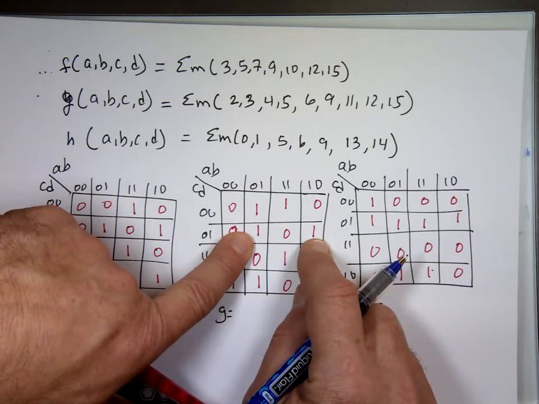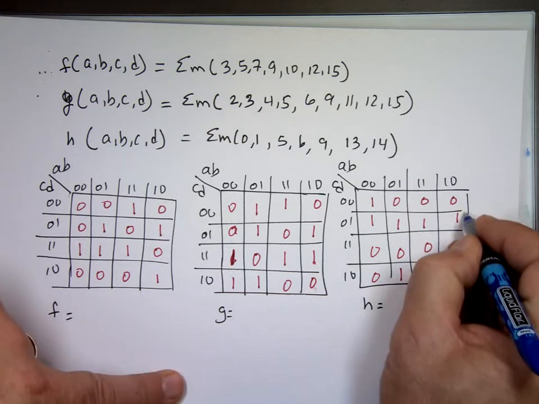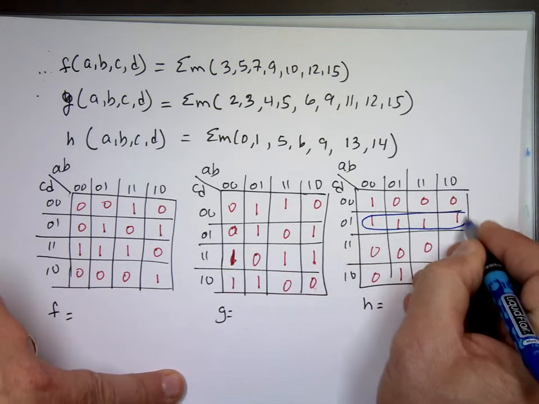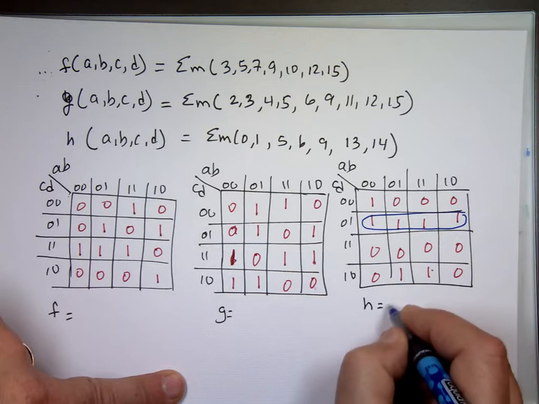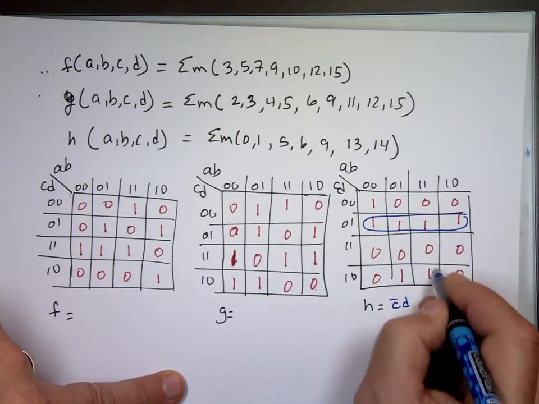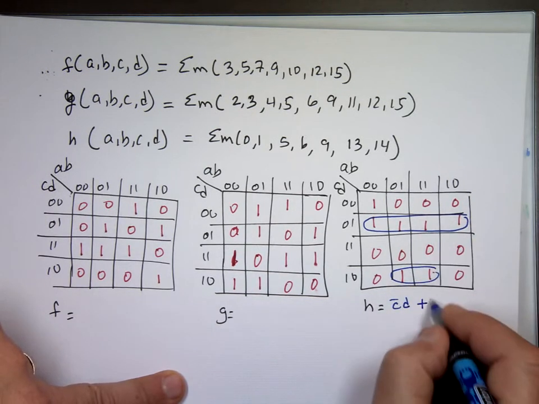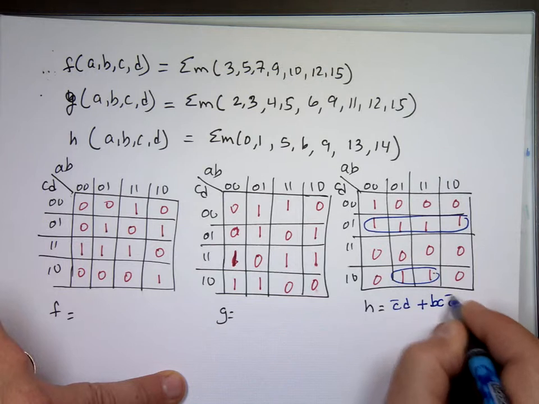So if I simplify, let's see, this one, easy one, quick one. That's C bar D plus, this will be B, C, D bar, and up and down here.